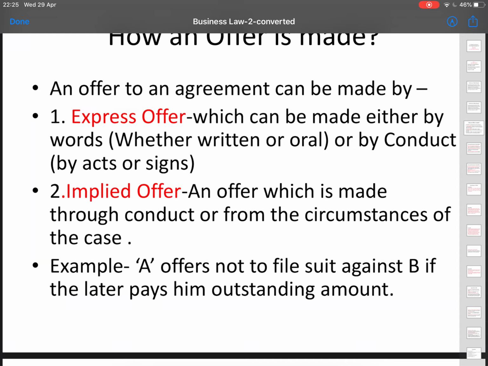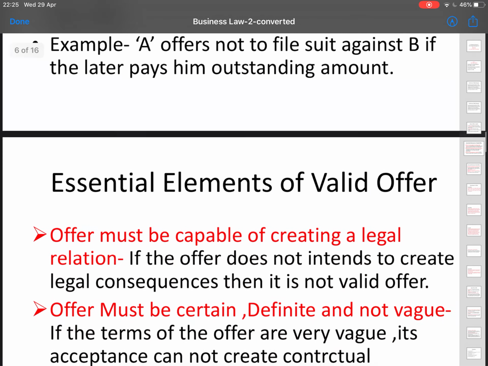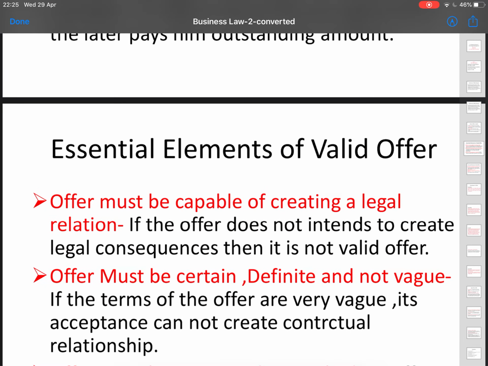The next topic is essential elements of a valid offer. The following are the essential elements of a valid offer. The first one is that the offer must be capable of creating a legal relationship. The second is that the offer must be certain, definite and not vague. Then, an offer may be expressed or implied.